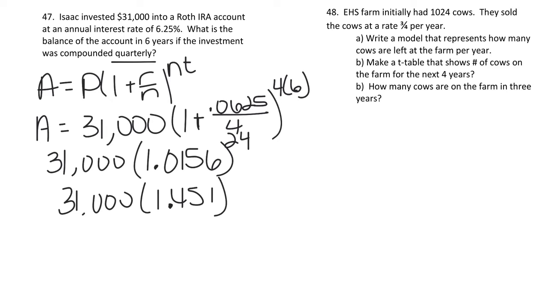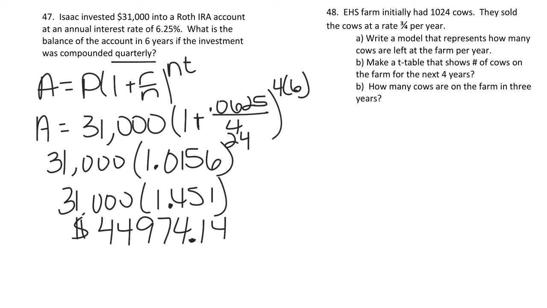Again, I'm not rounding in the calculator. I'm just continuing to do the operations. I'm adding 1. Then I'm raising that answer to the 24th power. Then I'm taking that full answer without rounding and multiplying it by 31,000. And I get $44,974.14 is how much is in his account after 6 years.